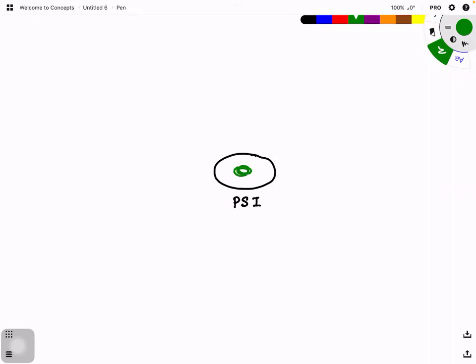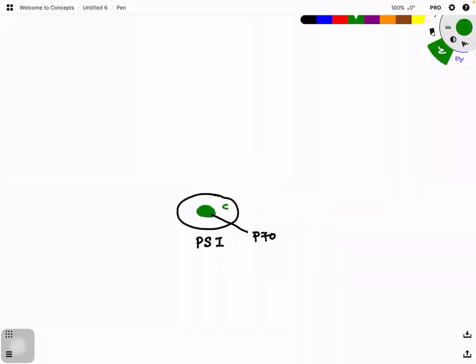This reaction center is termed P700. Okay, photosystem 1, P700. What actually happens here is the accessory pigment receives the photon and passes this light energy to the reaction center.